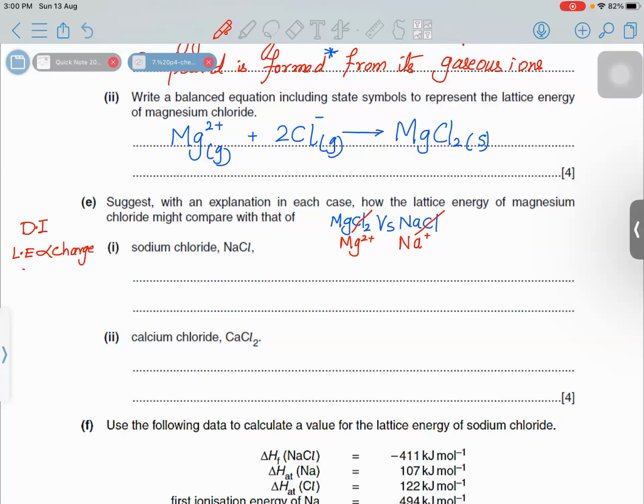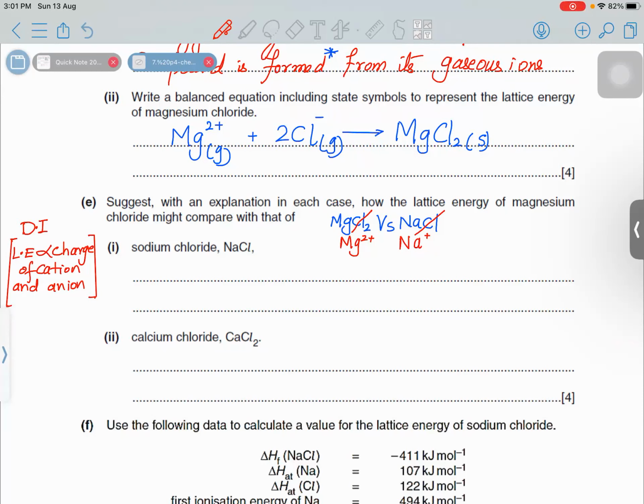Charge of cation and anion. This is Di. Di means doctor instruction, short keys, right? So can you tell me which one has more charge?